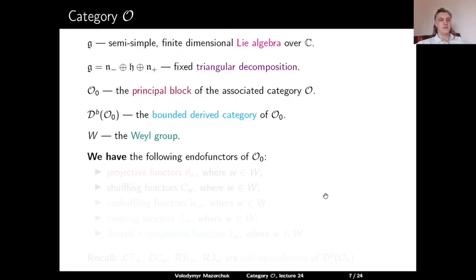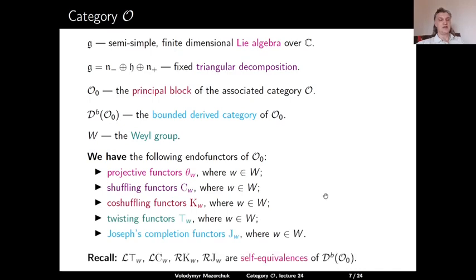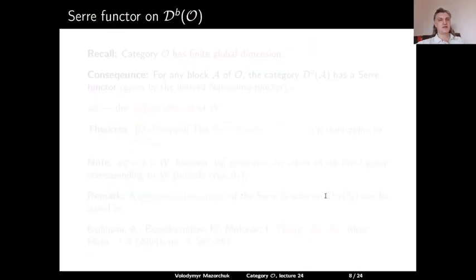We have the projective functors θ_w, the shuffling functors C_w, the co-shuffling functors K_w, the twisting functors T_w, and Joseph's completion functors J_w. And we know that the derived versions of shufflings, co-shufflings, twistings, and completions are all self-equivalences of the bounded derived category. So now we can describe the Serre functor on D^b(O_0).